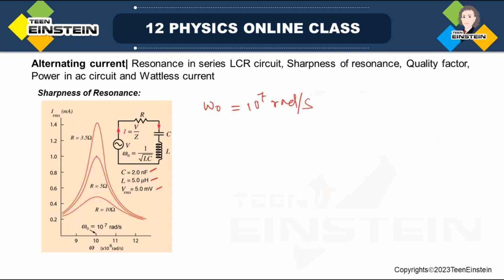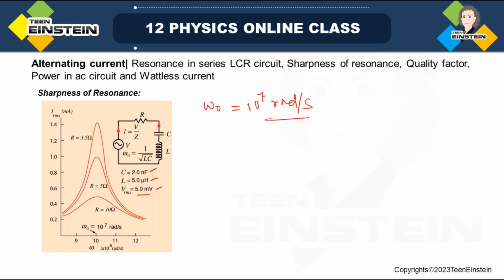It is varied from lower values to higher values. The applied voltage is given as, suppose, 5 millivolt. The resonant frequency depends on L and C, so the resonant frequency is 10 to the power 7 radian per second.